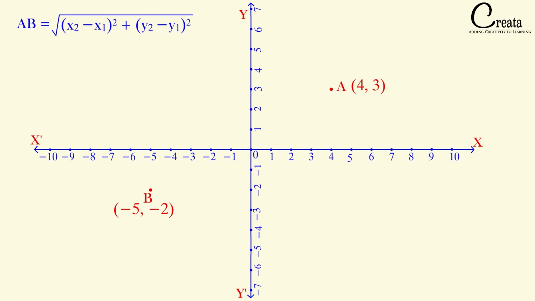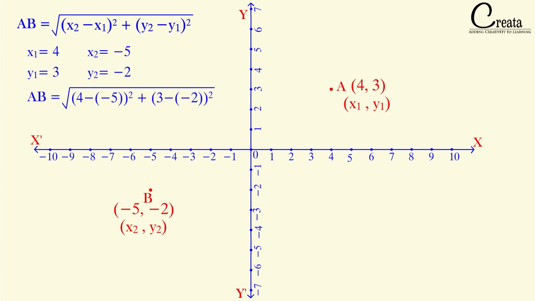Here x1, y1 is 4 and 3. x2 and y2 are minus 5 and minus 2 respectively. So in the formula you have to put the minus symbol. Got it? On putting in the formula we get our answer as root of 106. That is the distance between points A and B. Just a small understanding to avoid any confusion in the middle of the examination. You have to put the negative symbol.